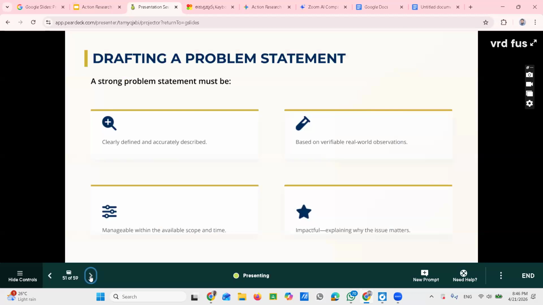After observing, determining the observed problem and the research question, you need to put a problem statement also.